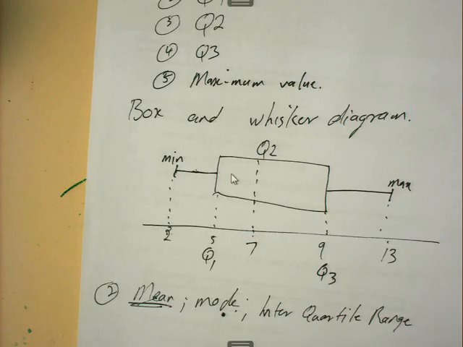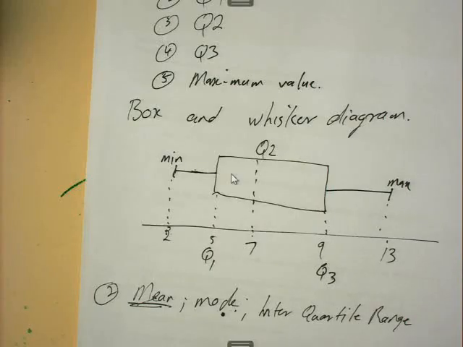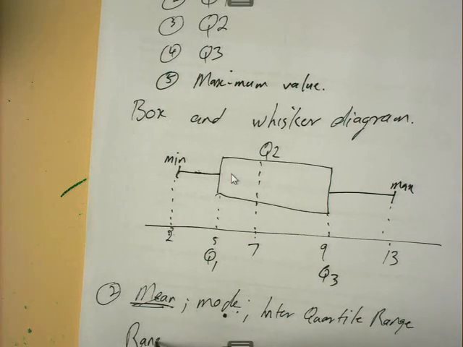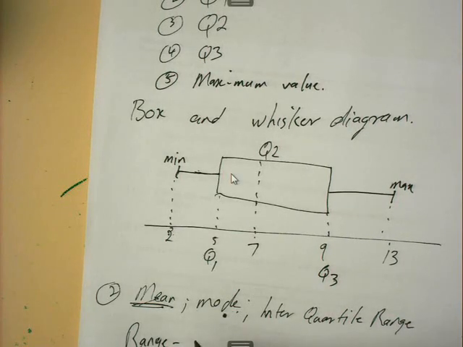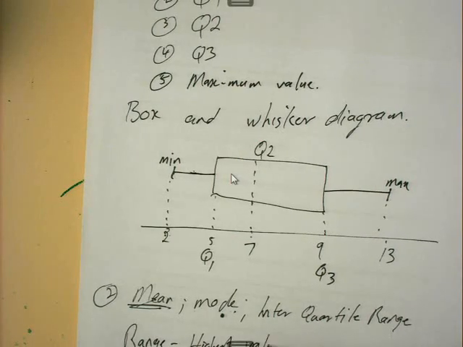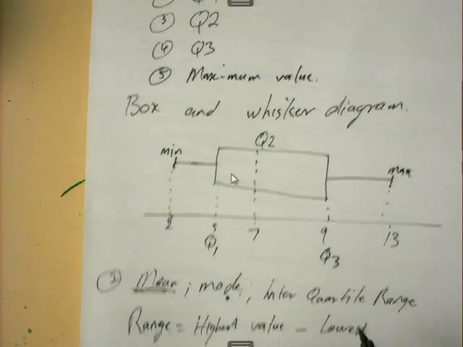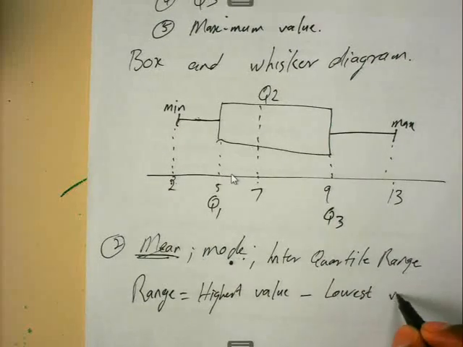Interquartile range. Remember earlier on in the 5-number summary, we talked of upper quartile and the lower quartile. So remember, we have what we call the range, which is given by highest value minus lowest value.